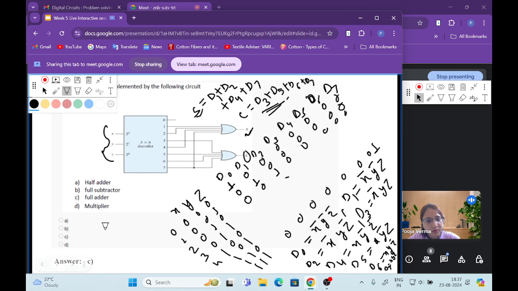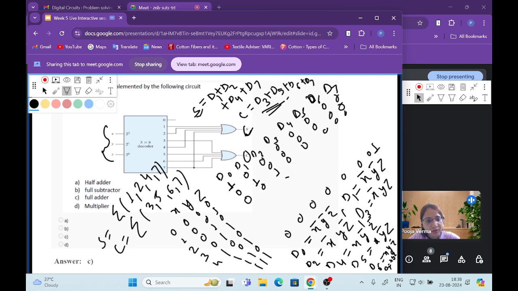So already we know the min terms for the full adder sum, if you remember, are 1 2 4 7, right? And for carry the min terms are 3 5 6 7. The output for S is 1 2 4 7 and for C it is 3 5 6 7.